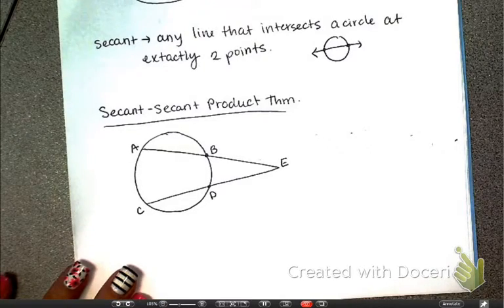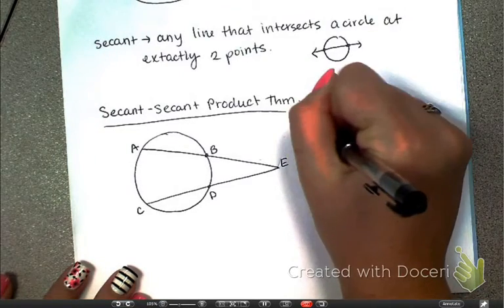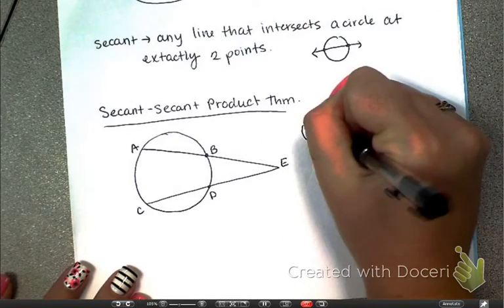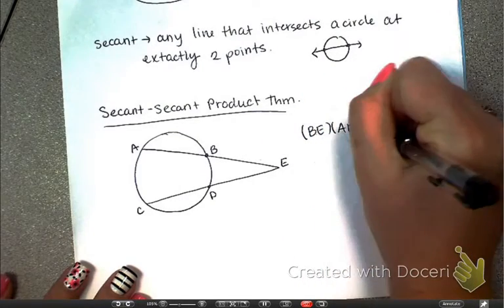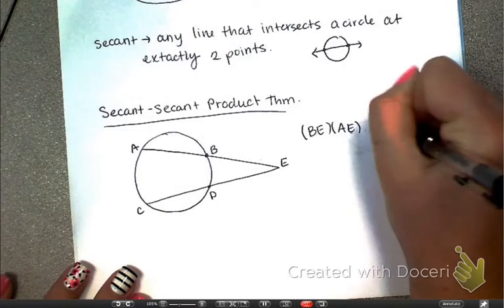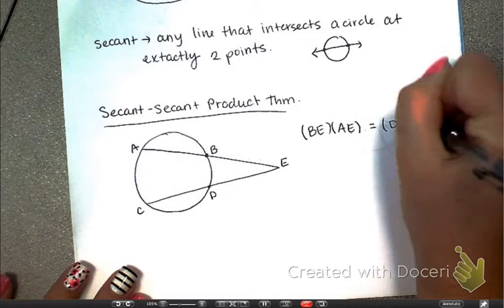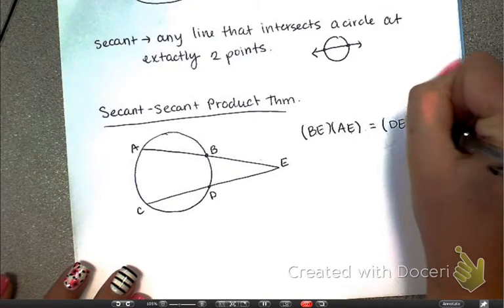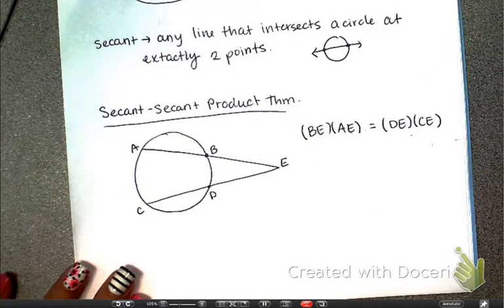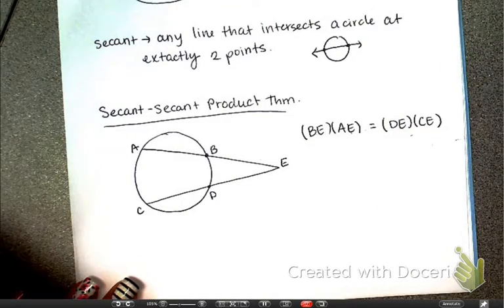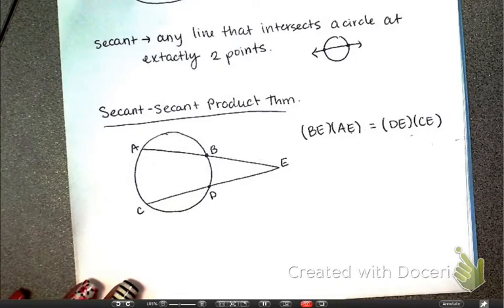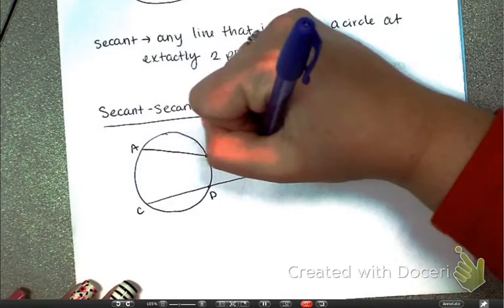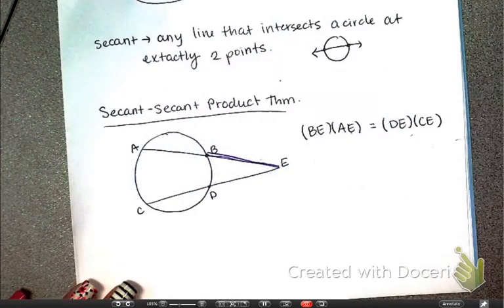Okay, so this theorem says BE times AE equals DE times CE. BE, you should notice, is this outside piece. Right?